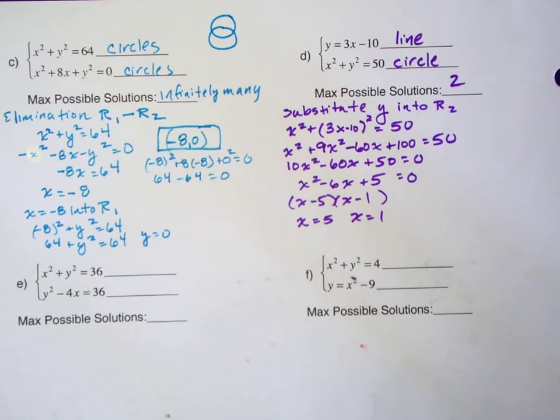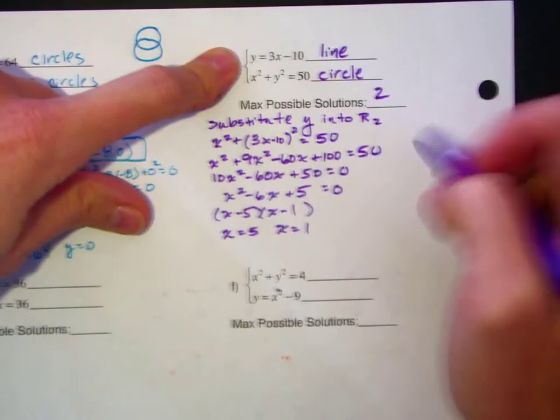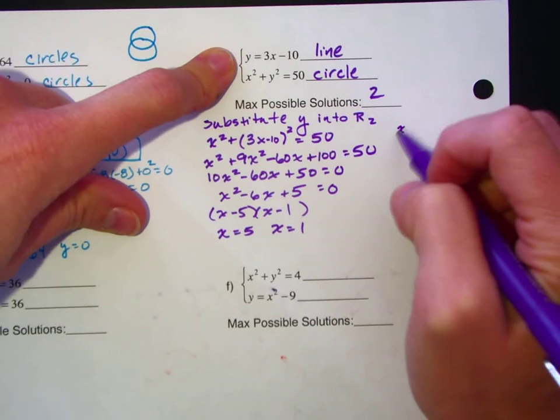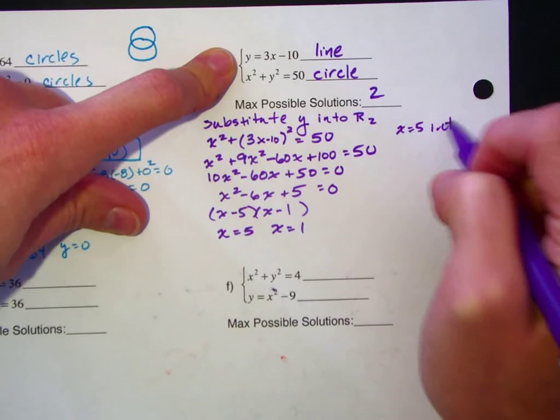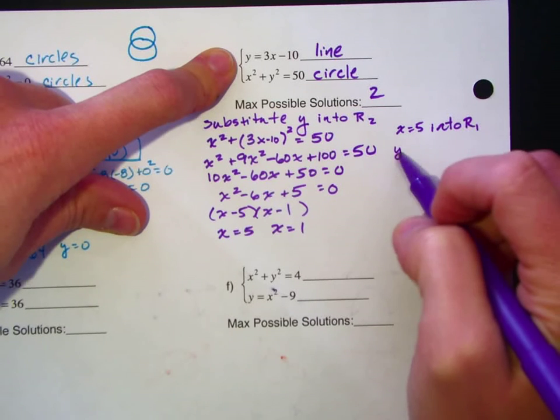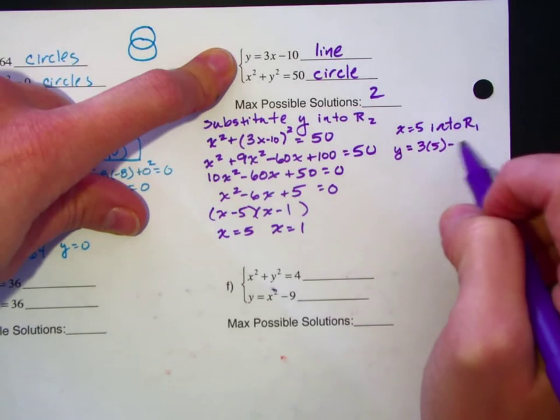What do you guys want to do from here? Now that we know x, we need to plug in to find y. So I'm going to plug into this first equation here. We get x equals 5 into row 1. So we get y equals 3 times 5 minus 10.